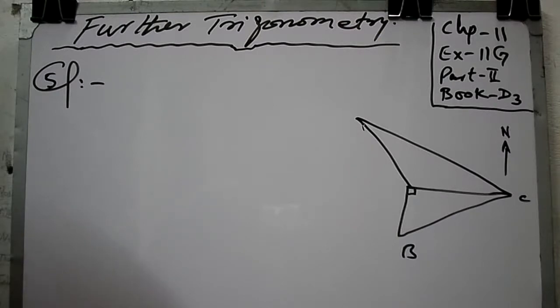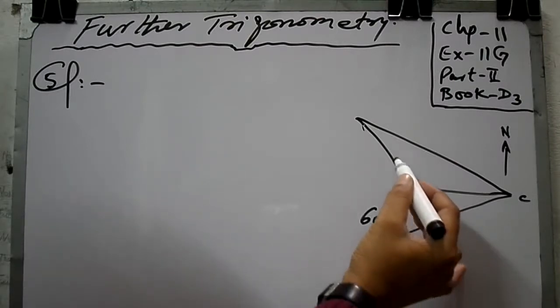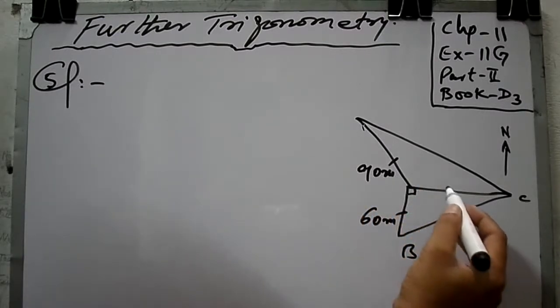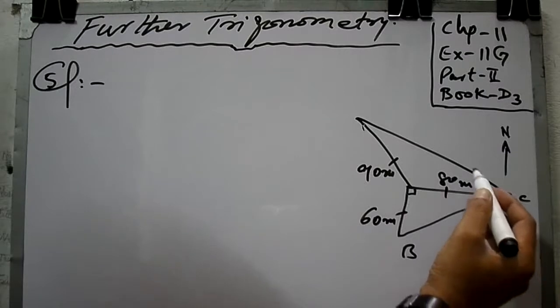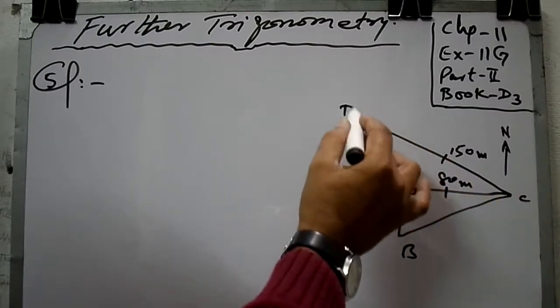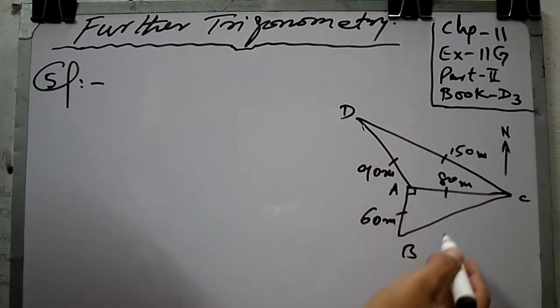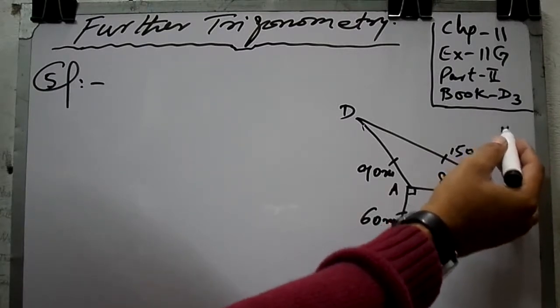A. It means you first of all have to draw the diagram, given diagram, that is ABC, that is your 60 meter, and this one is 90 meter, and this one is 80 meter, and this one is 150 meter, and this is your D. So that point is your A, B, C, D. So this is the given condition, and it will be as north and south direction.